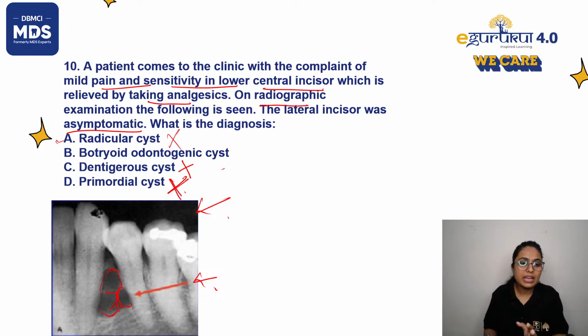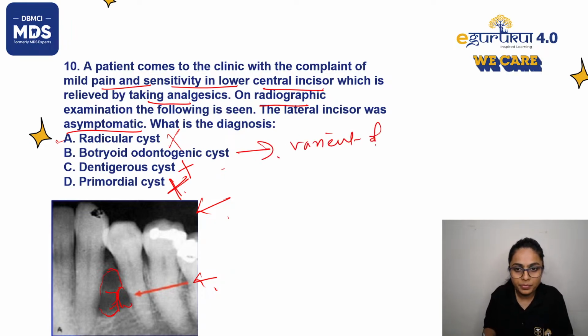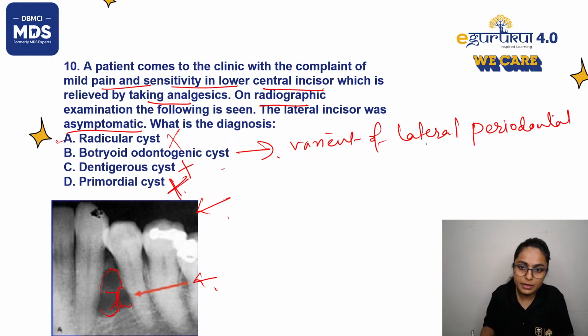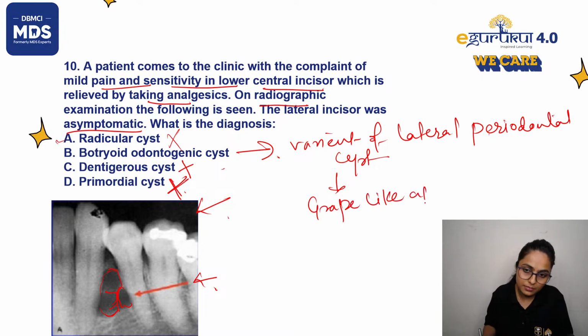The remaining option is option B, which is botryoid odontogenic cyst. This cyst is a variant of lateral periodontal cyst, and it has a grape-like appearance, associated with a vital tooth.